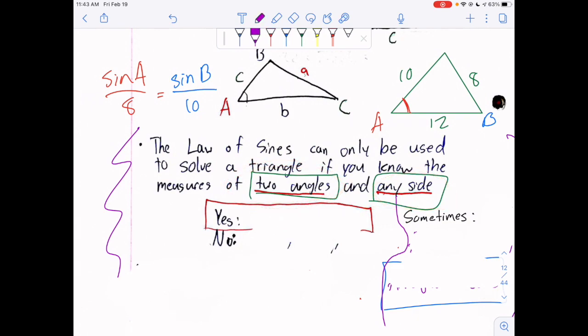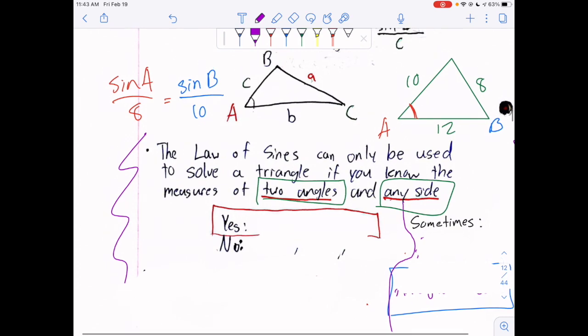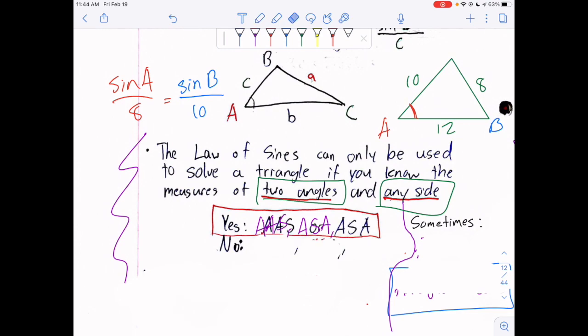If you recall back to chapter 4, this works for angle, side, angle, or angle, angle, side. This won't work if you were given three sides and no angle; you just can't complete the formula.